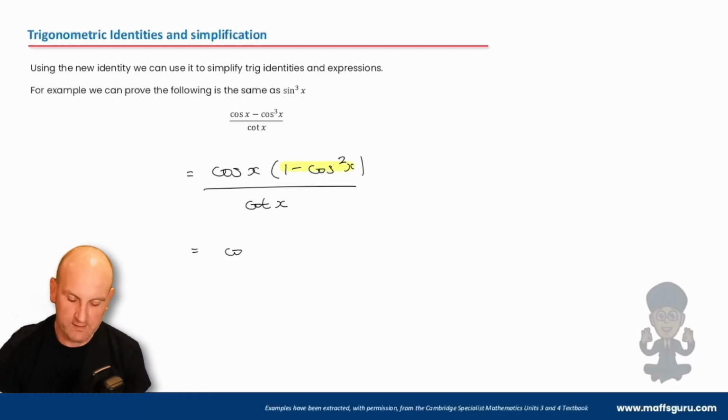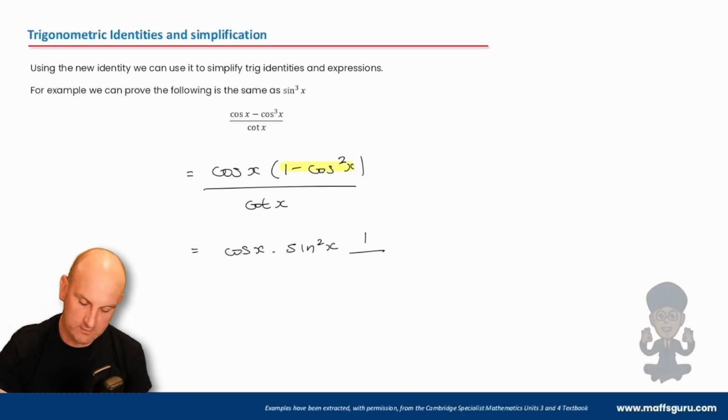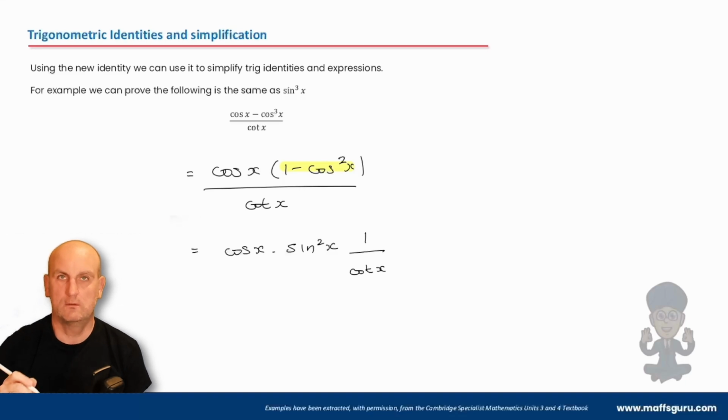So that becomes equal to the cosine of x times the sine squared of x. Now I'm going to write that as 1 on cot x. Well, cot x is cos over sine, so 1 over cot x would be tan x.